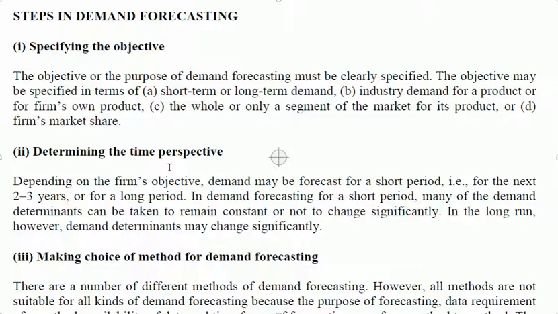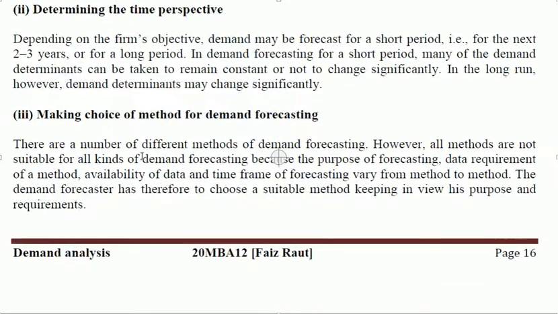Or whether it is a hotel industry, how the tourism will flourish in the next 10 to 15 years in a particular region, that demand you are forecasting. Well, it depends upon which industry, which product, where you are manufacturing, how much you are manufacturing, and what kind of people and technology it depends upon. So time perspective plays a second important role in demand forecasting.